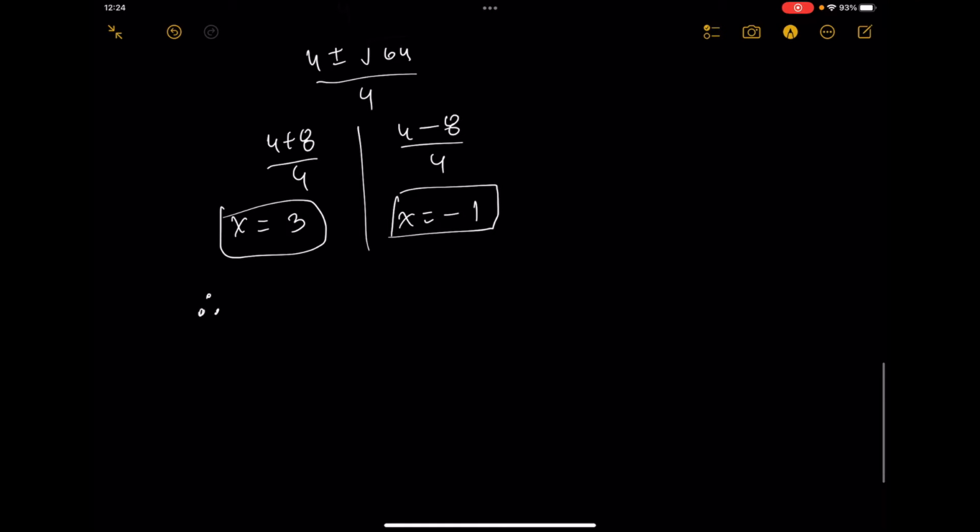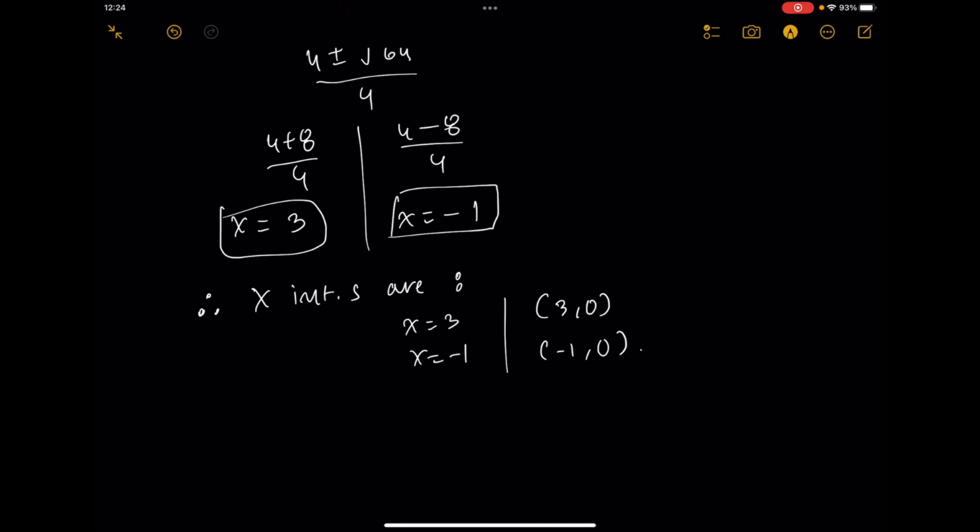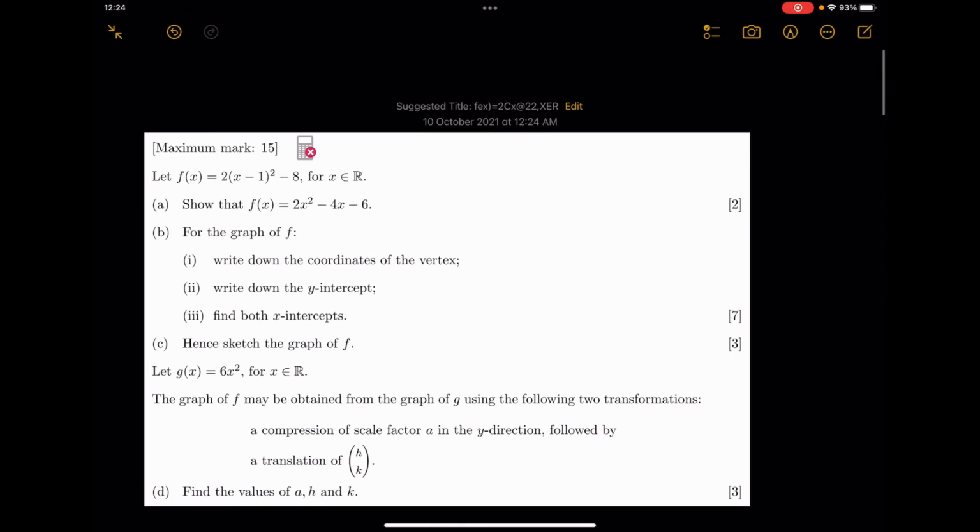Therefore the x-intercepts are x equals 3 and x equals minus 1, where the coordinates are 3 comma 0 and minus 1 comma 0. So this is part B solved.